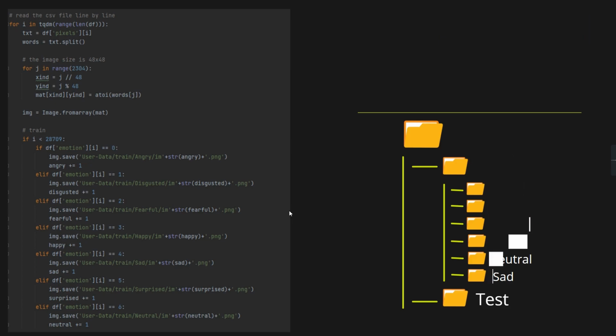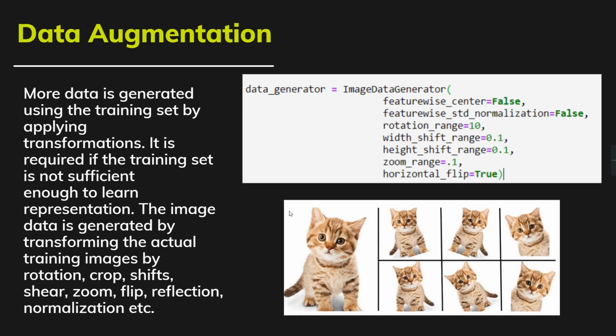After pre-processing, data augmentation has to be done in order to increase our project accuracy. Generally, data augmentation is applied to increase accuracy by altering the images.